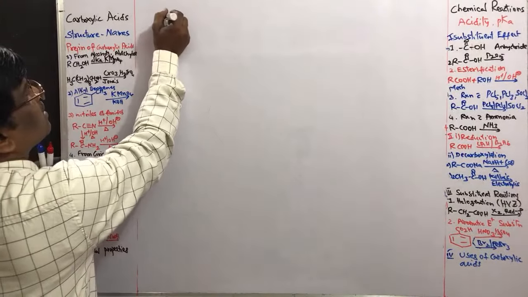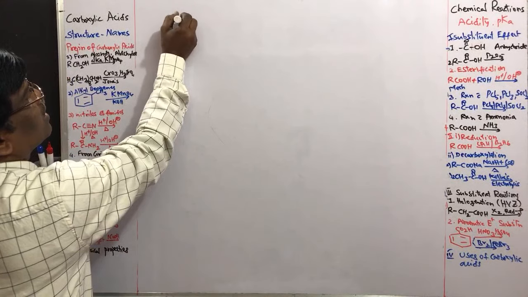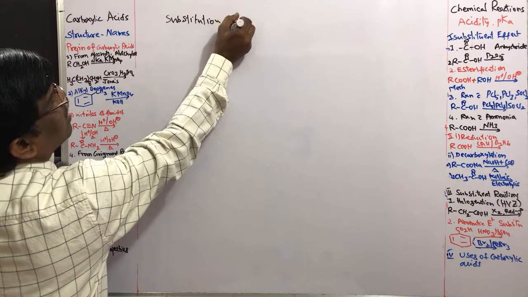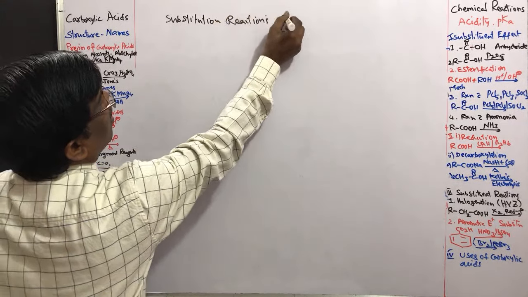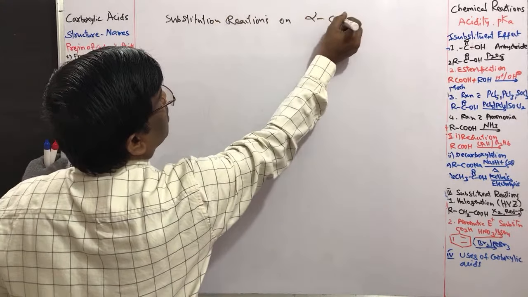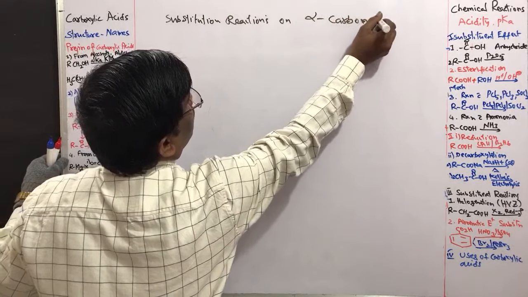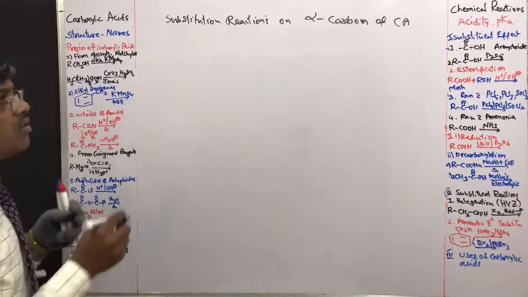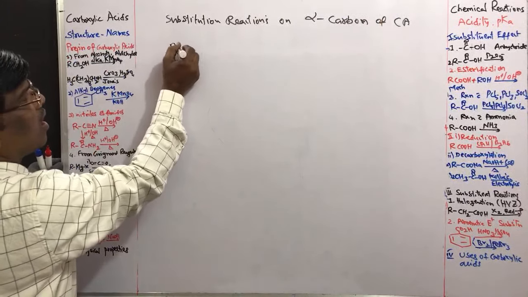So next is substitution reactions on the alpha carbon of carboxylic acid, right? So what is the alpha carbon?